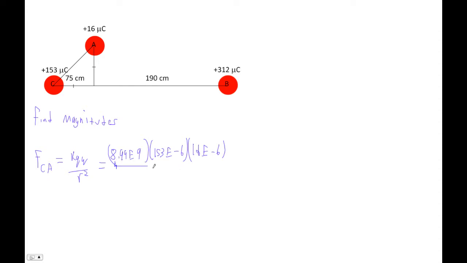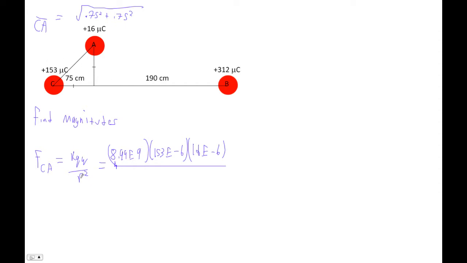Okay, and then our distance is, well, that distance there, we have to use the distance CA, which is equal to the square root of 0.75 squared plus 0.75 squared. So we're going to use the distance formula, right?